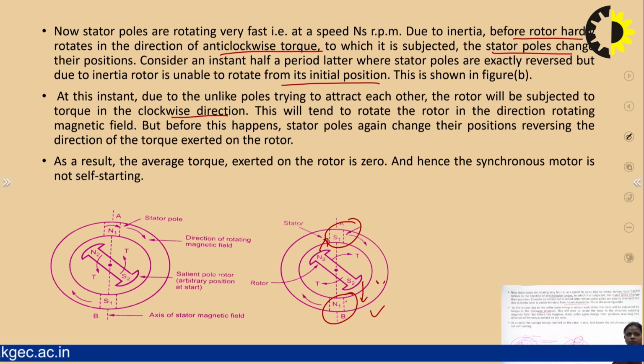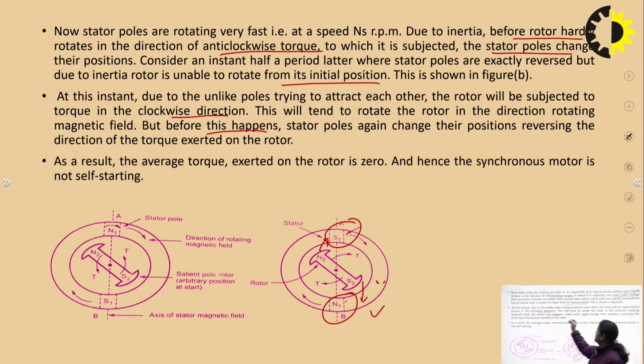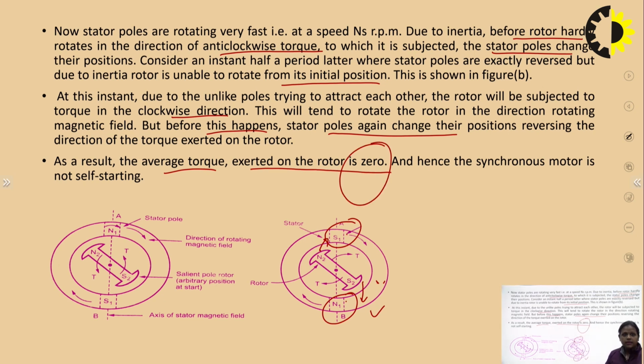This will tend to rotate the rotor in the direction of the rotating magnetic field, but before this happens, the stator poles again change their position, reversing the direction of torque exerted on the rotor. As a result, the average torque exerted on the rotor is 0, right, and hence the synchronous motor is not self-starting. So the magnetic locking will not get established when the motor is getting started, right?